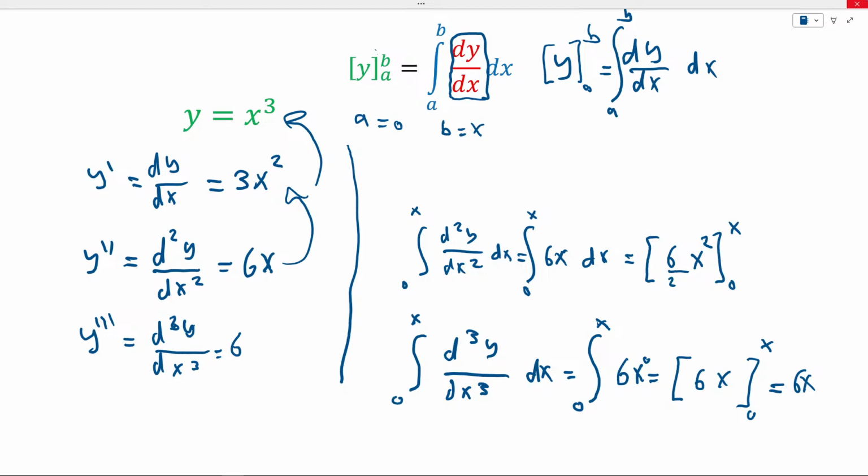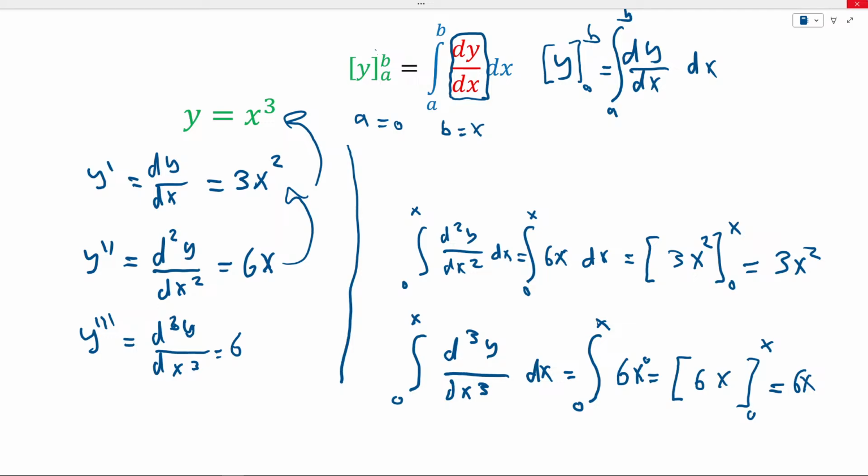So if I did this, what do I get? 6 divided by 2, I got 3. Wow, does this look familiar? Then I substitute the x here, then I substitute the 0 here, then I got 3x to the power 2. So when I integrate this guy, I got this guy. Wow, this is exactly what we want.